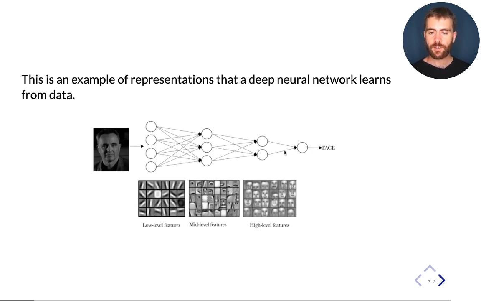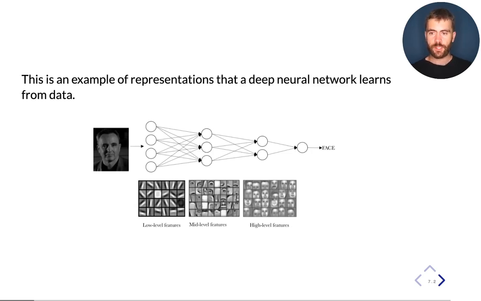And then at the highest level, we might see general types of faces, which means that these neurons fire when at the input we have a face which has characteristics that are similar to some of these higher level face types. So in other words, when we train a deep neural network from data, it learns weights that encode useful representations of the data.